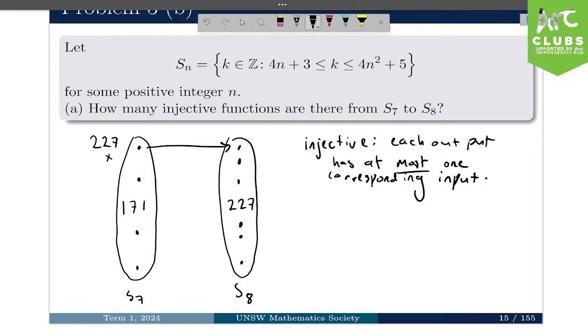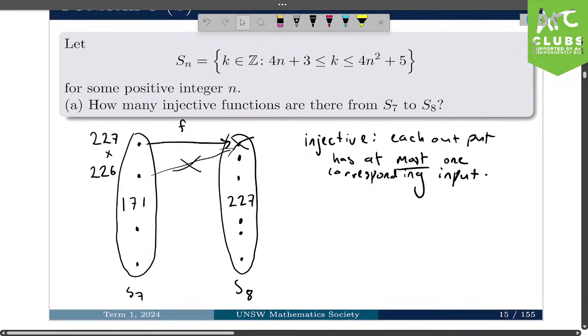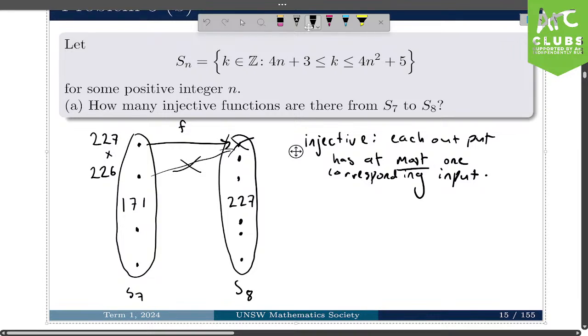But now that we go on to the second one, it no longer has 227 choices, but 226, one less, because if f is injective, then this second element cannot map to the same element in the codomain as the first element did, right? These two cannot have the same output, so we only have 226 choices for the second element.